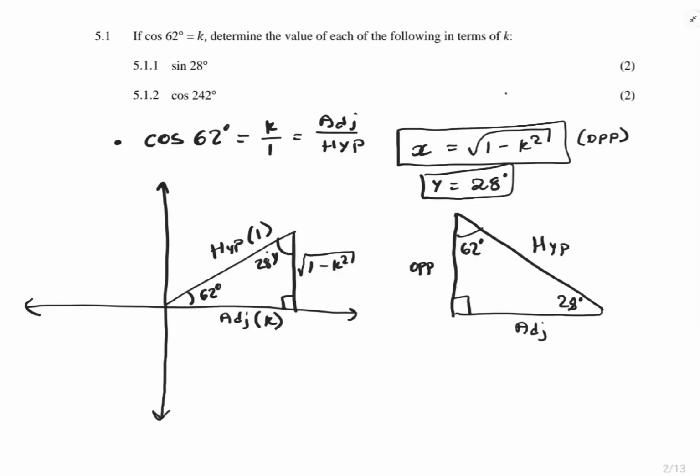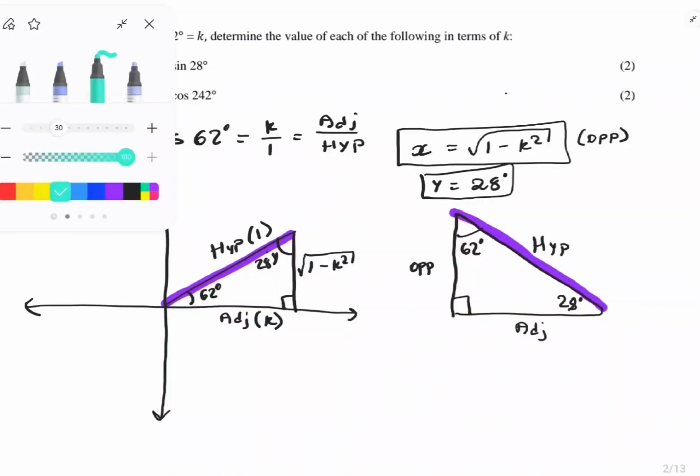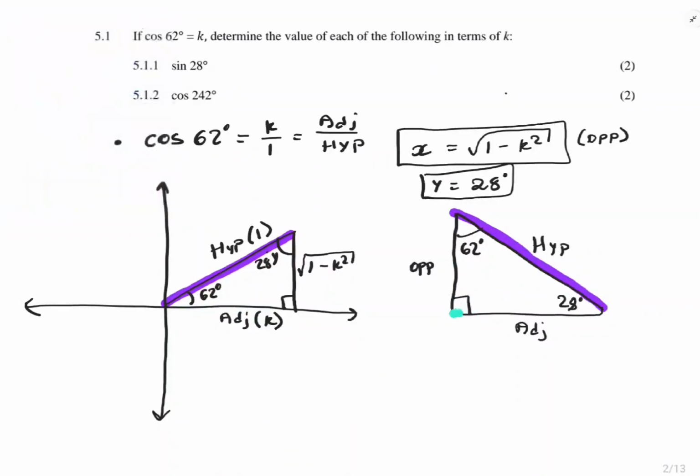This hypotenuse over here is going to be this hypotenuse over here. And our adjacent now becomes the side that has the 28 degrees and the 90 degrees, which is this side over here. So that's our adjacent now.